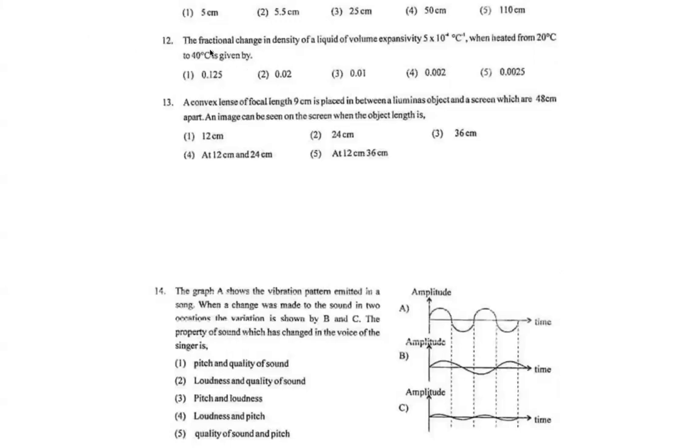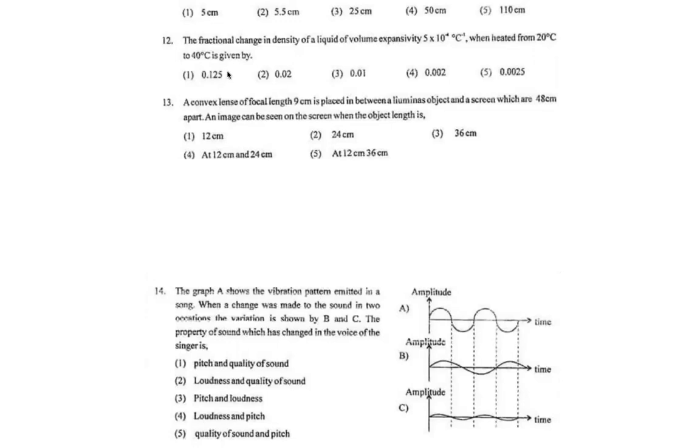12th one. The fractional change in density of a liquid of volume expansivity 5 into 10 power minus 4 per degree Celsius when heated from 20 degrees Celsius to 40 degrees Celsius is given by. Okay, the fractional change in density.